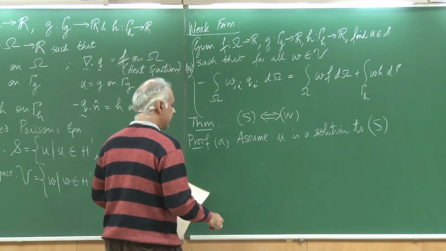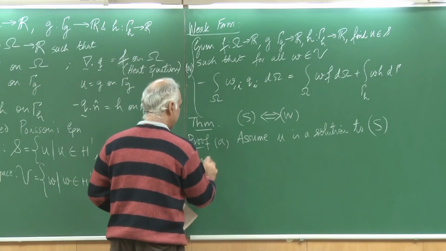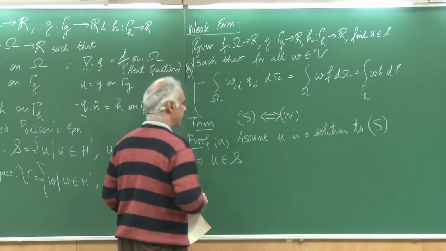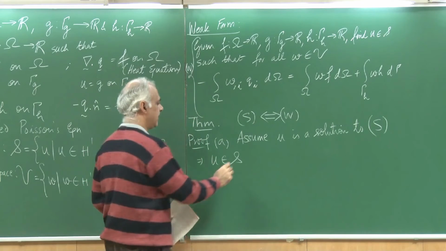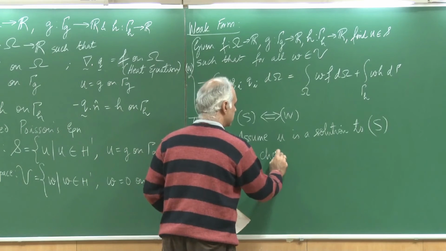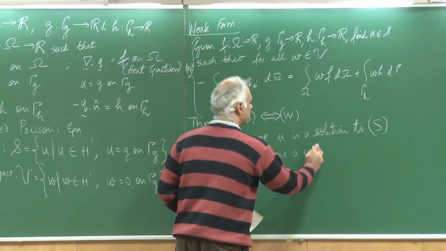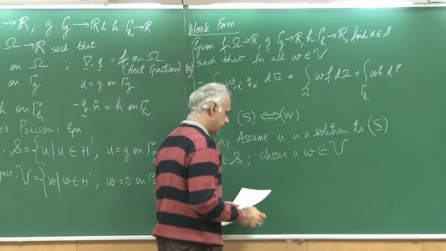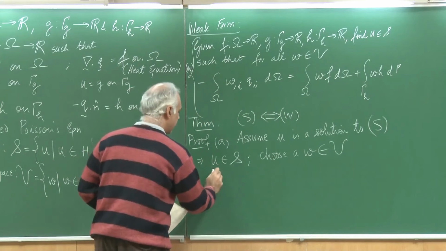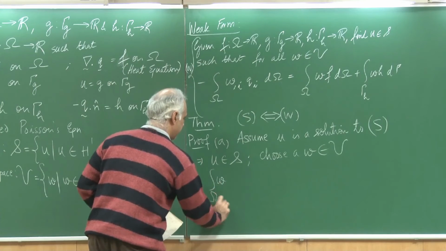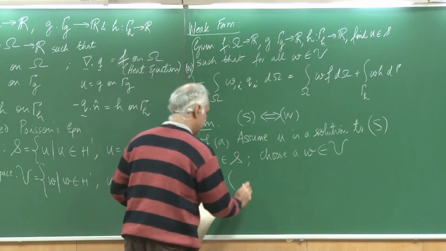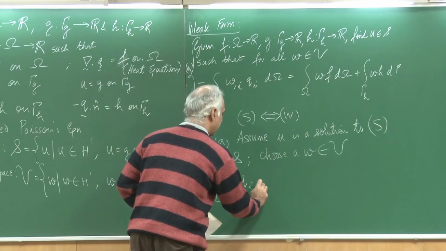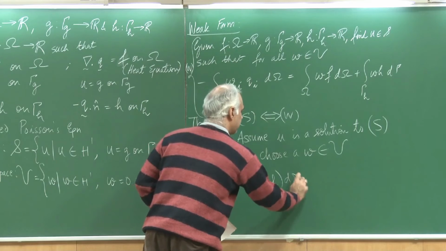So now what we are saying is that this implies that u already belongs to the solution space, and we will choose a w that belongs to V and do the following. The integral of w times (q i comma i minus f) d omega is 0.